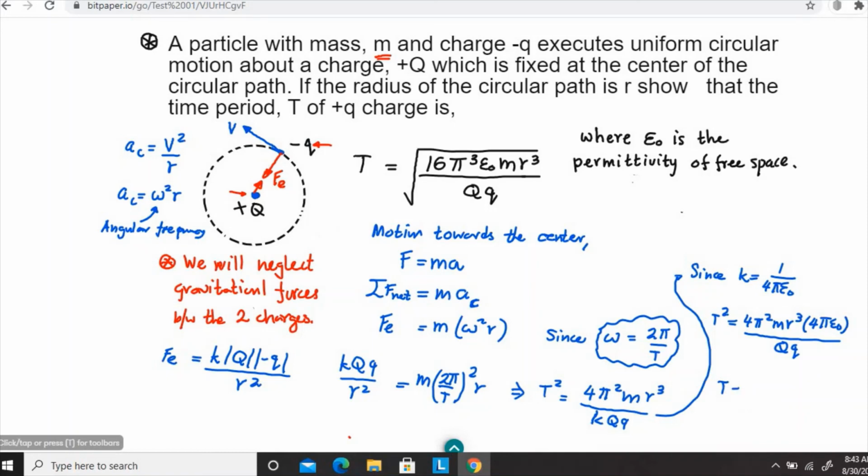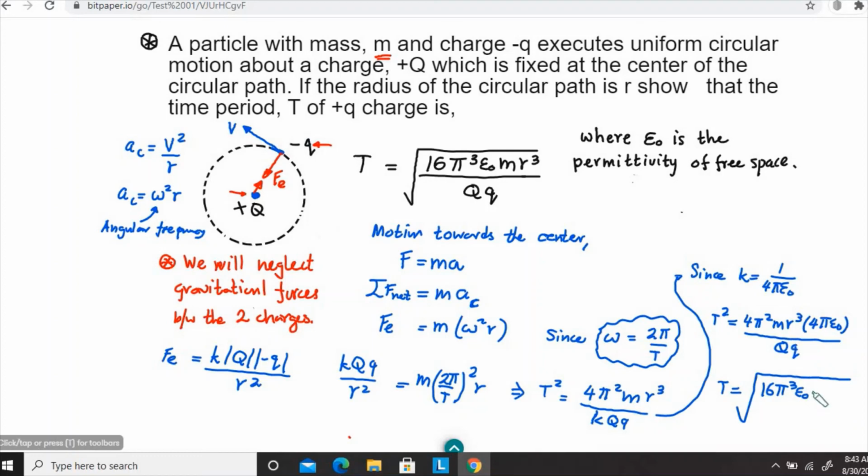Now I'm going to take the square root. The square root would be the square root of, there's a 4 and a 4, so that would be 16. There's a pi cubed, so I'm going to write that pi cubed over here. And then there's this epsilon naught, the permittivity of free space.